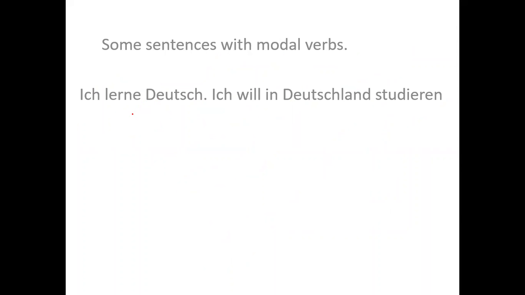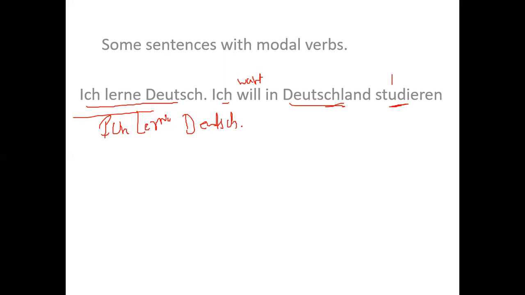Like here I have taken one more example. Ich lerne Deutsch. I am learning German. Ich will is I want. I want to study in Deutschland, in Germany. So if I need to make a sentence with zu plus infinitive, I shall make it with Ich lerne Deutsch. This will come as it is, and then there is a comma for you.